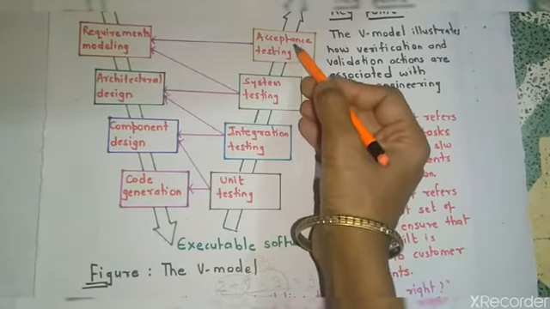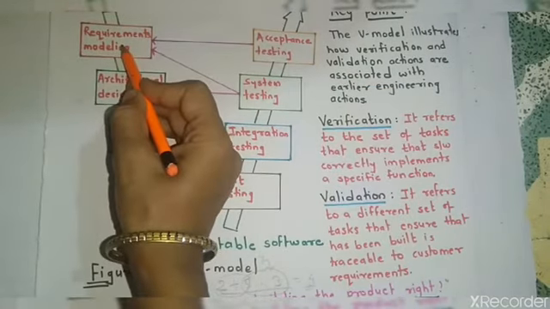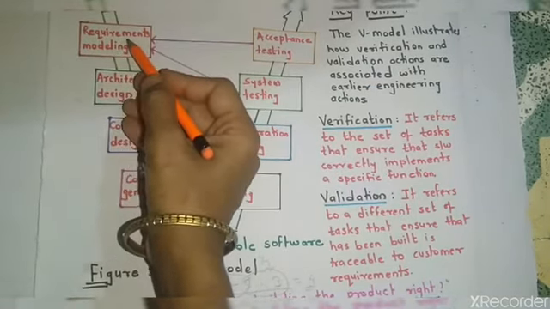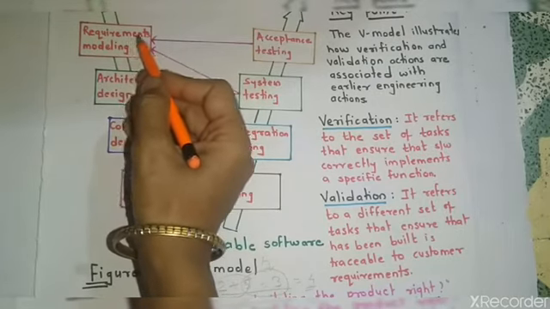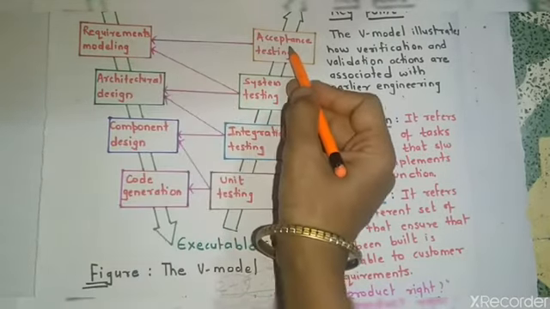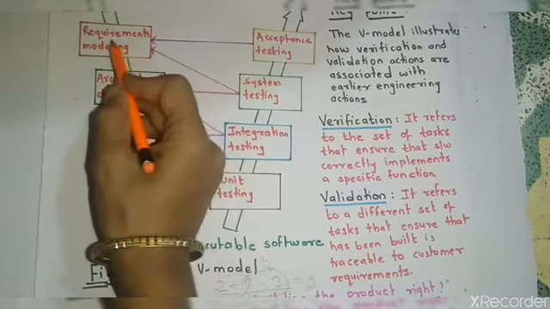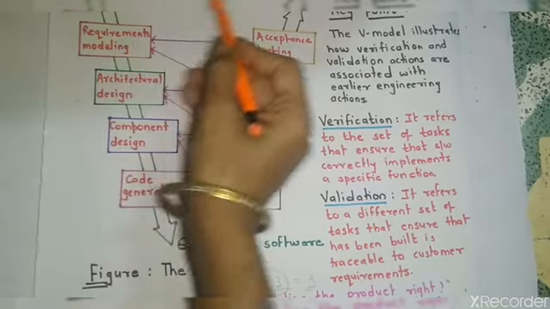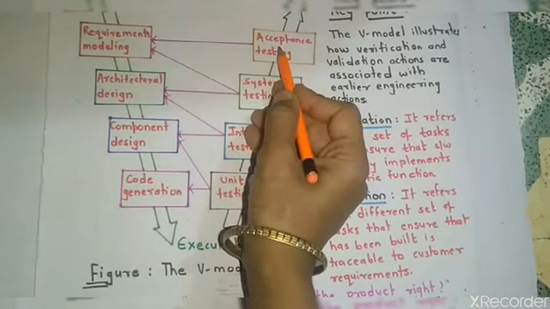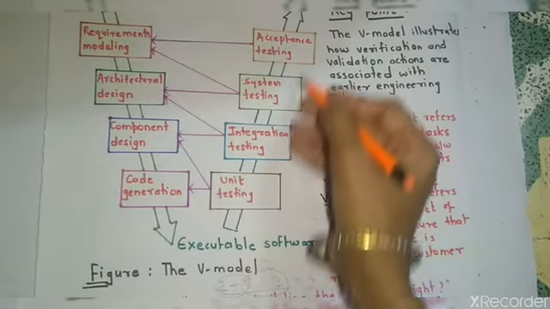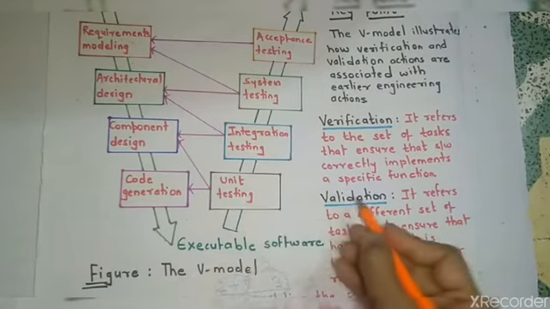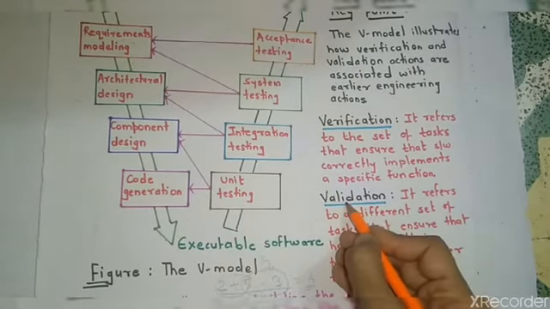Acceptance testing is based on requirements which the user had reviewed and said, okay, this is what I want. We are going to give it to the customers to see whether what we had stated here is what we have implemented. So this is the right arm of the V model, which goes for validation. So what is validation?